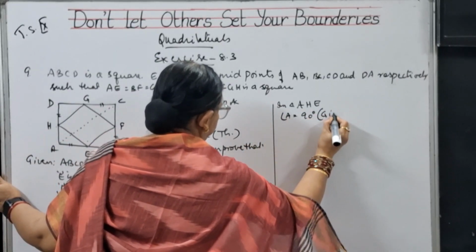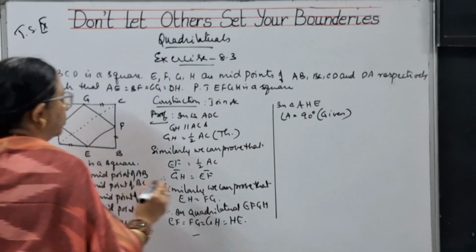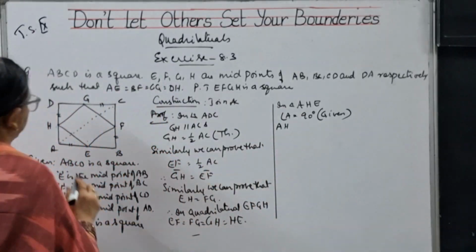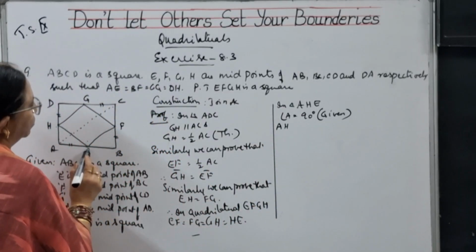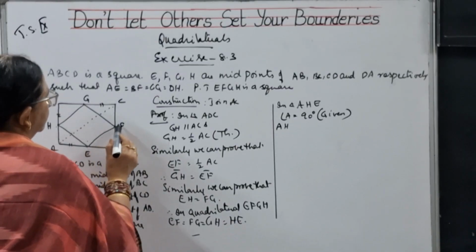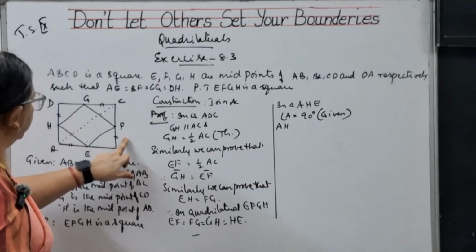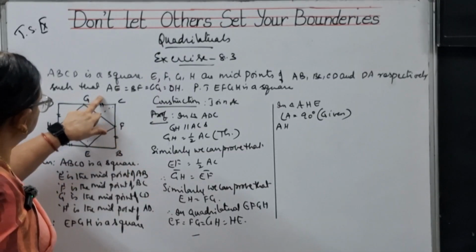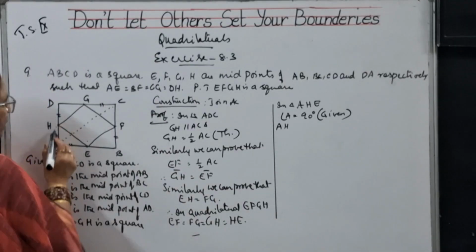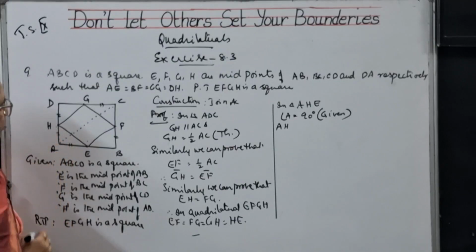This is given to us because ABCD is a square. And also, see children, AE is equal to BF and BF is equal to CG. CG is equal to DH, they have given. But DH is equal to AH, because H is the midpoint.